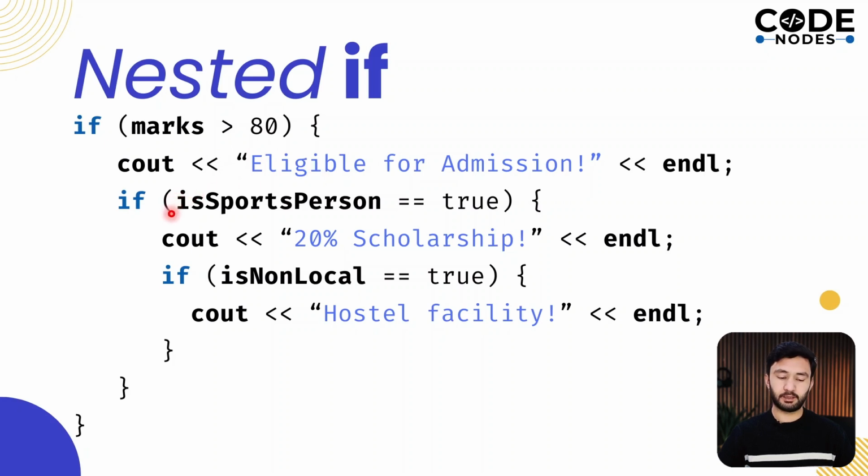And then if you are a sports person, you will be awarded a 20% scholarship. And then if you have marks greater than 80 and you are a sports person, and if you are non-local, like you are not from the city where the university is, then you can avail the hostel facility. So let's see this example.